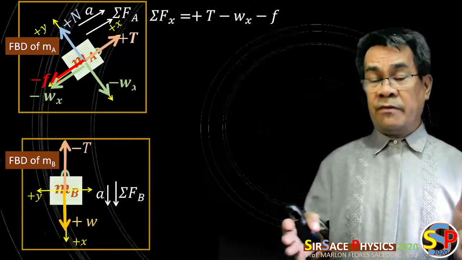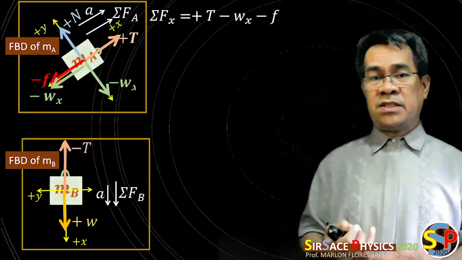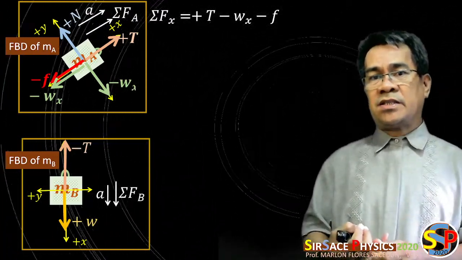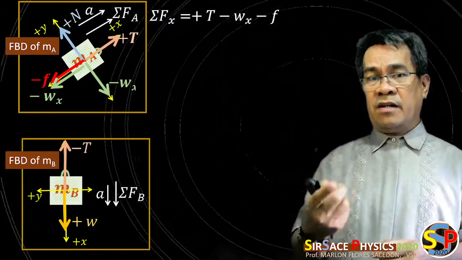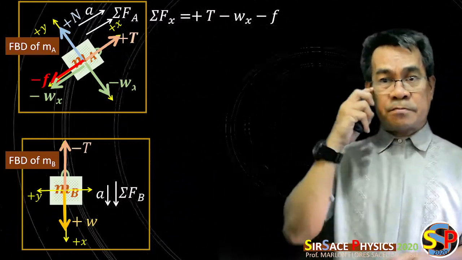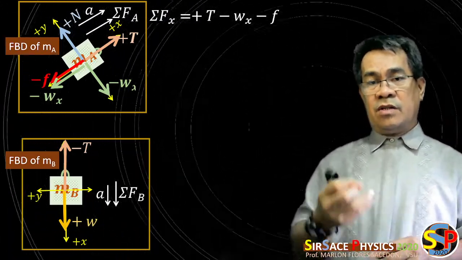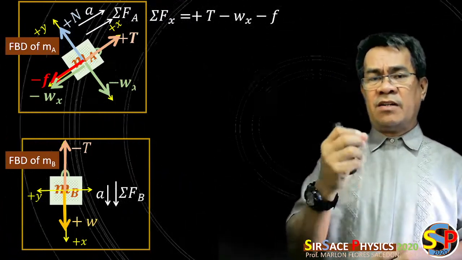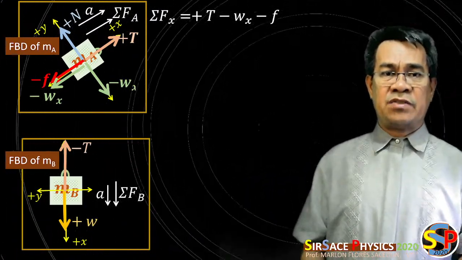There are three forces. Look at the x-axis. We have the T as positive, we have Wx as negative, and we have negative F, or the friction, because we have only three. So that's it. We have the forces along X, which is equal to T minus Wx minus the frictional force.